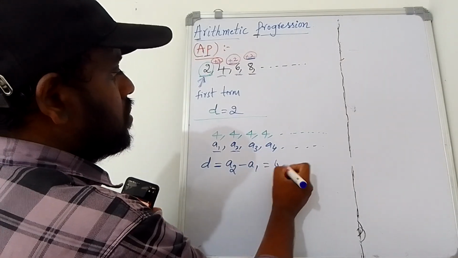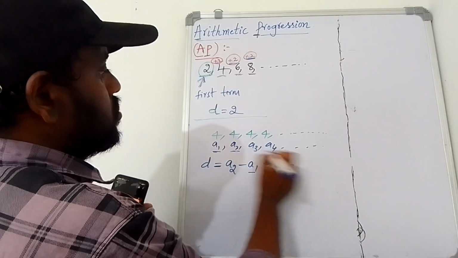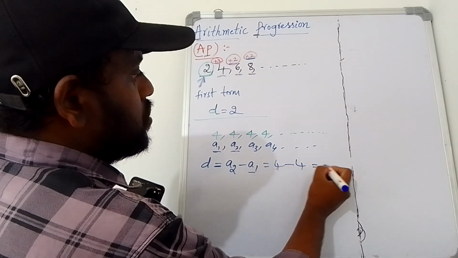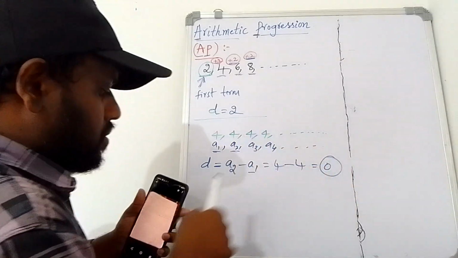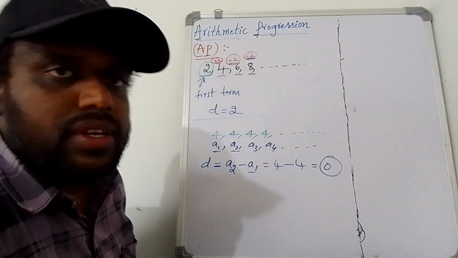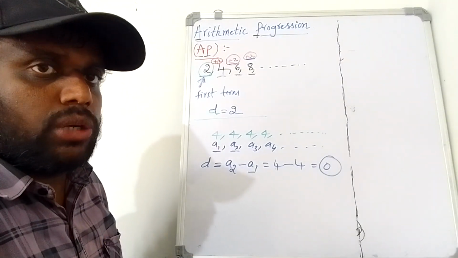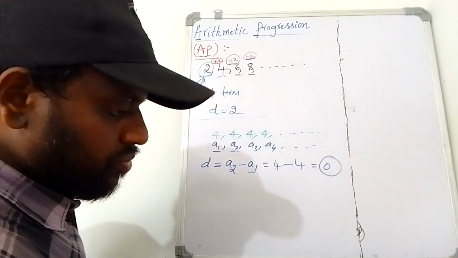A2 is 4, A1 is also 4. 4 minus 4 is equal to 0. This is the common difference. So common difference can be positive, it can be negative, it can be 0 also.